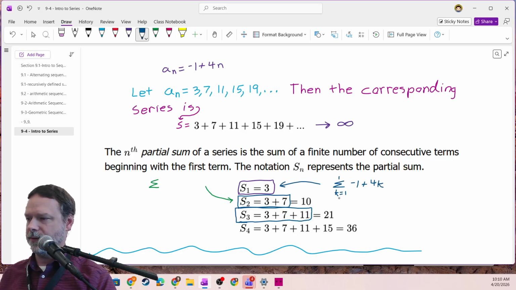Since I'm using k over here, that's what it's going to be. So my sum of negative 1 plus 4k, with k equals 1 to 2. That's this one.